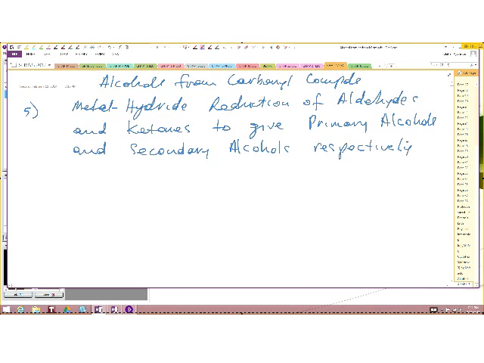In other words, you get the primary alcohol from aldehyde and the secondary alcohol from ketones.